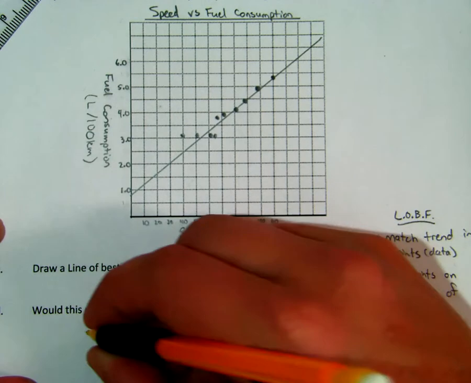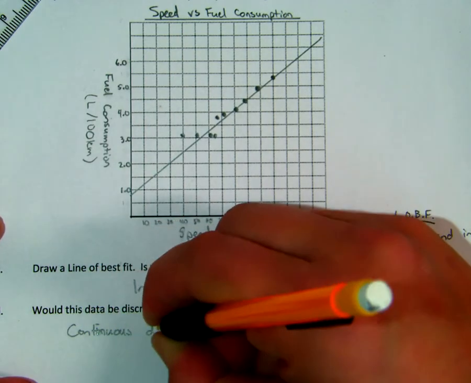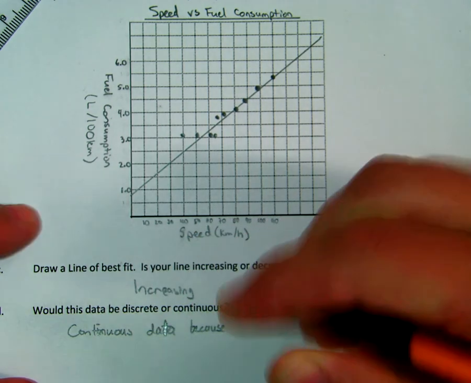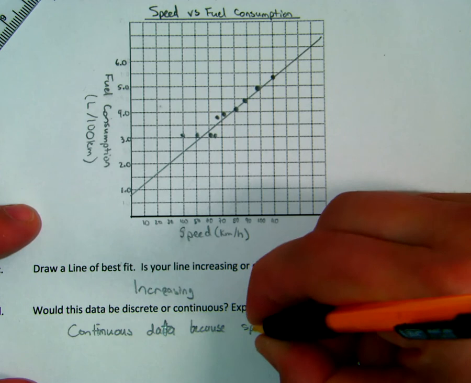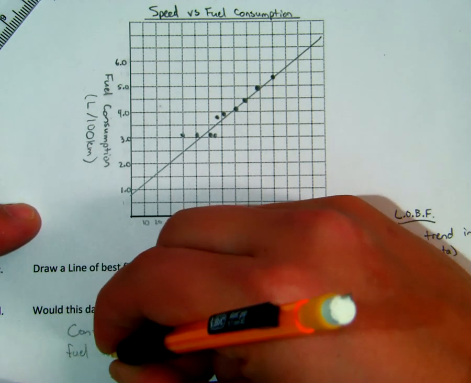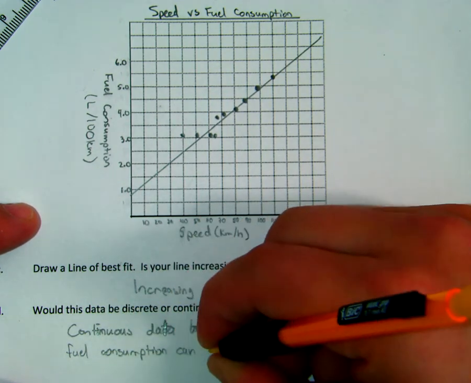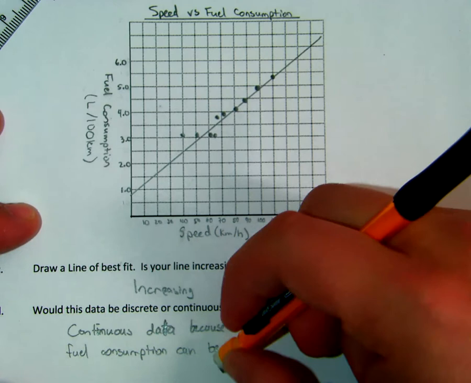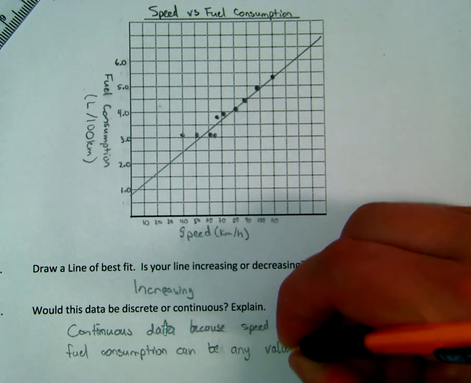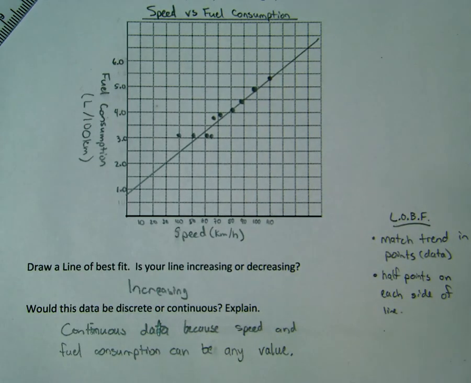So this would be continuous data, because speed and fuel consumption can be any number, any value, so decimals or fractions. That's what makes it continuous.